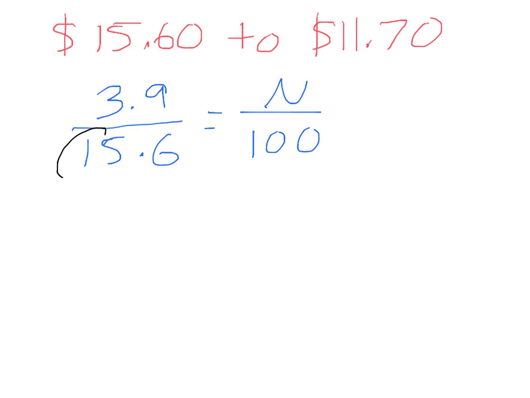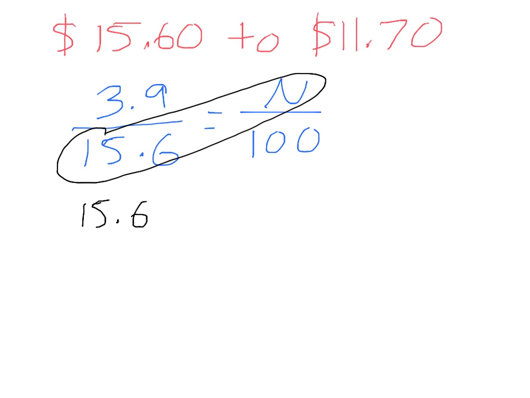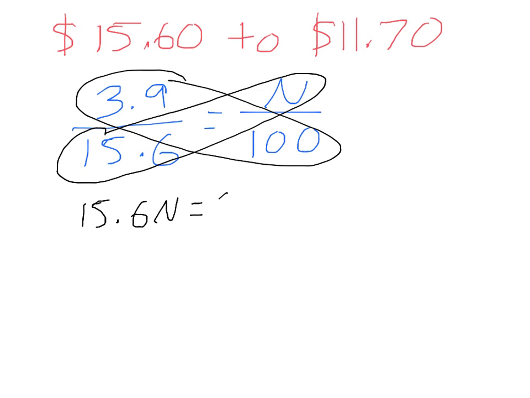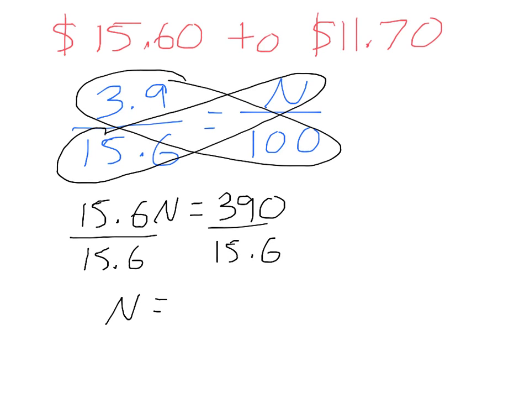When I cross multiply, I get 15.6n equals 390. Yes? If I divide both sides by 15.6, what you get is 25%.